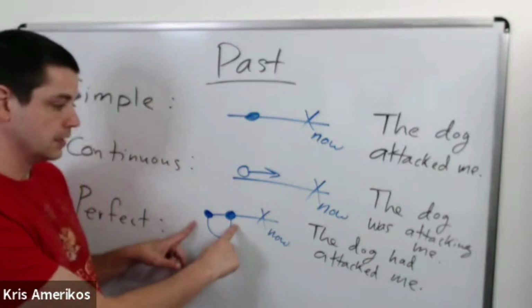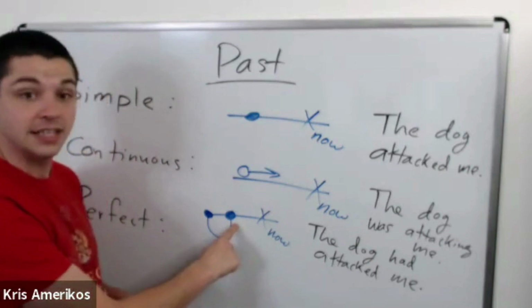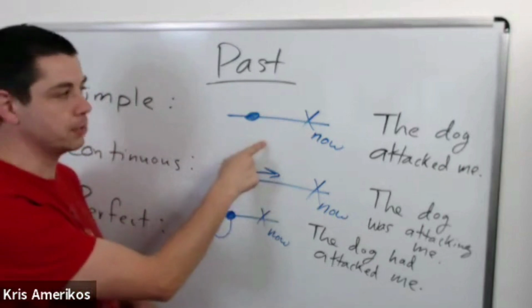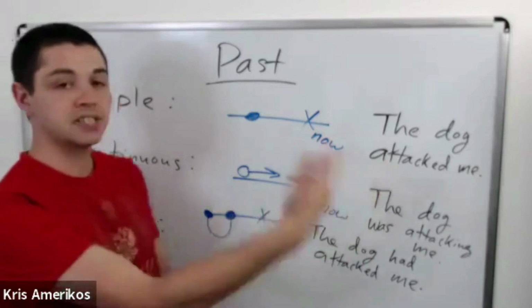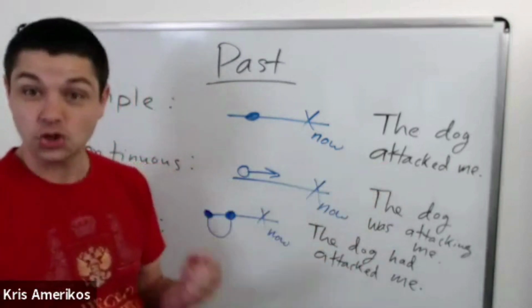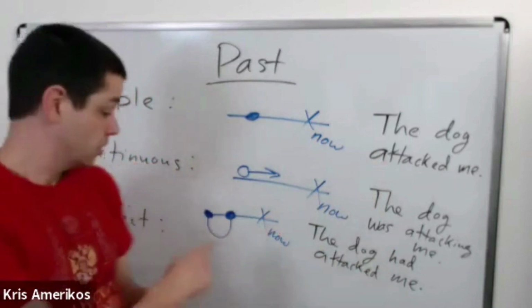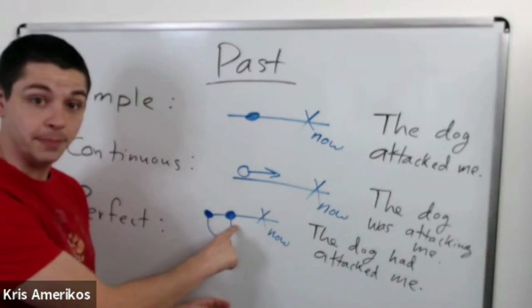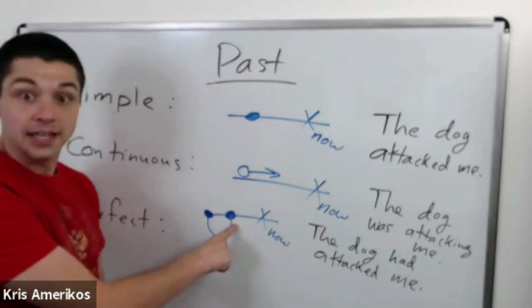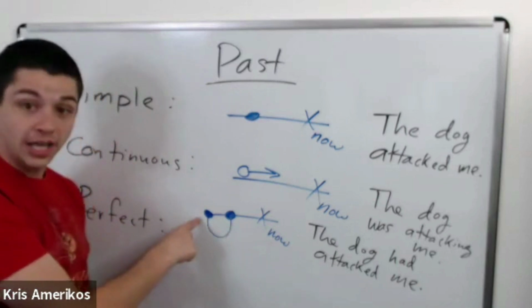So we have one past event, and usually this past event is like past simple. For example, I was late to work. I was late in the past. I was late to work yesterday because the dog had attacked me.